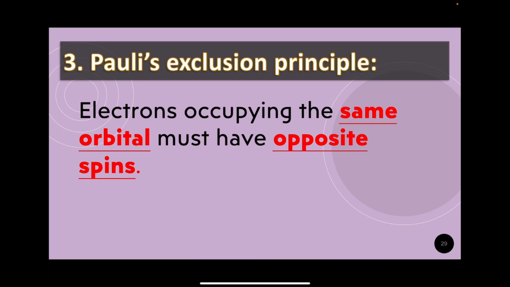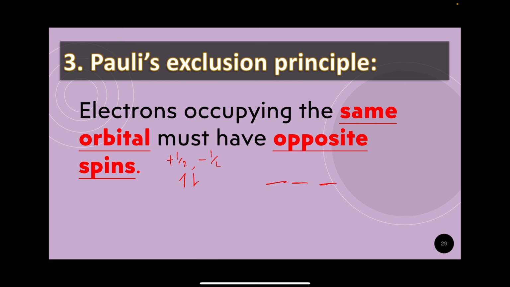Next is the Pauli exclusion principle. The Pauli exclusion principle states that electrons occupying the same orbital must have opposite spin, which means we need to fill up the electrons in the orbital half positive and half negative, upward and downward. We cannot draw the orbital like this.